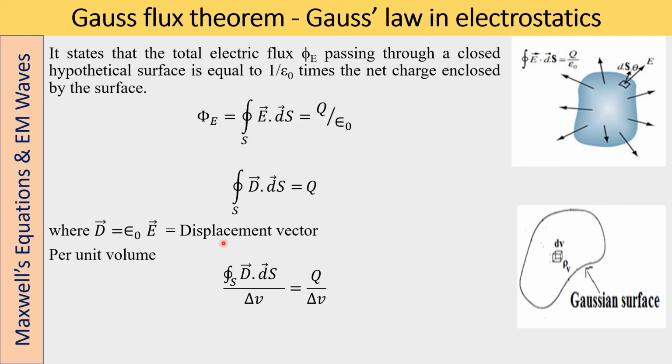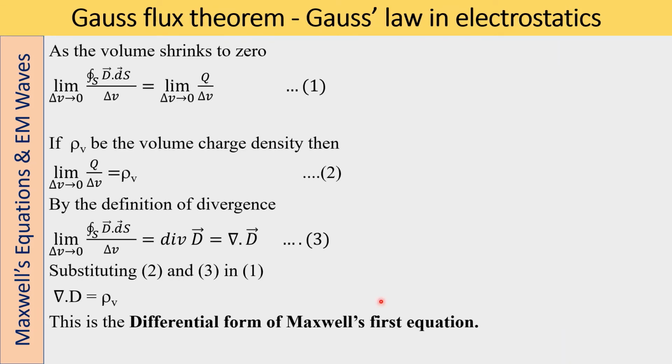Now dividing by delta V, where delta V is the small volume inside this particular Gaussian surface, as the volume shrinks to 0, limit delta V tends to 0, the surface integral D dot ds divided by delta V is equal to limit delta V tends to 0 of Q by delta V. Now if rho V is the volume charge density, then limit delta V tends to 0 of Q by delta V is nothing but the volume charge density. So volume charge density is defined by this particular equation.